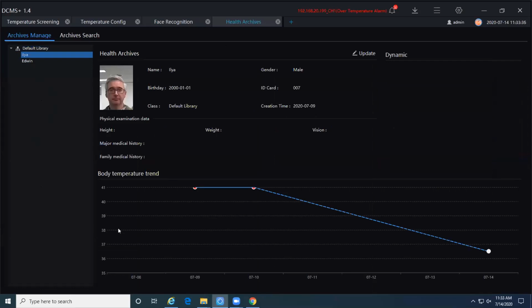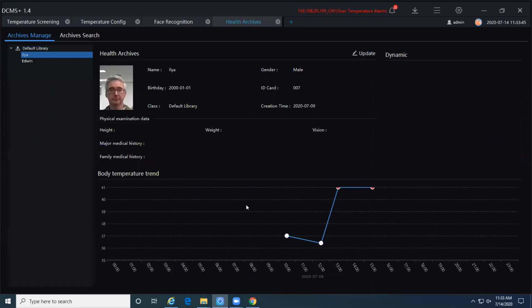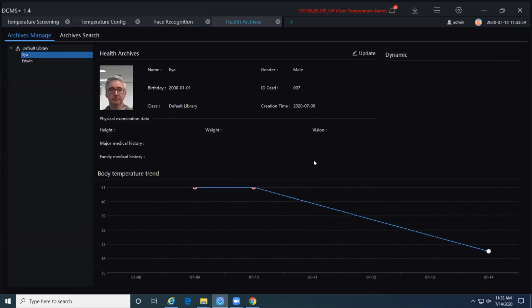You can see there are some temperature readings throughout different days. If you have a look at what happened to me on the 9th, we'll see that at 10 o'clock I walked in front of the camera with this temperature, and at 12 with this temperature, and then after 1 o'clock something happened and I got elevated temperature here. So you have access to all this data, and you can actually export it as well.